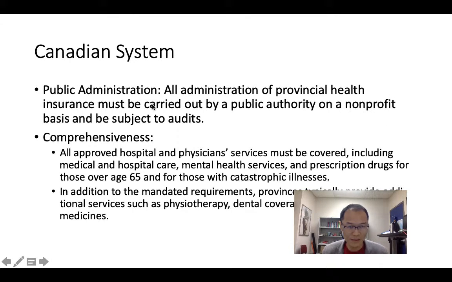So here is the Canadian system. I just wanted to show you a little bit of how Canada does their healthcare, and it's not without controversy here in America. Otherwise we would be having a similar system already, right? Many Americans don't like the Canadian system.